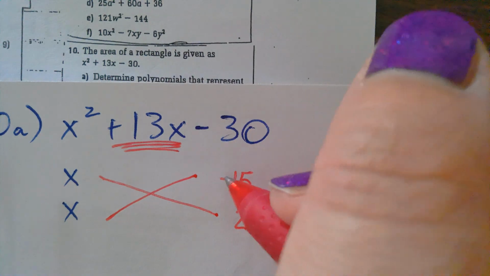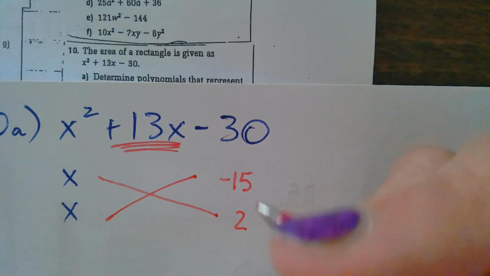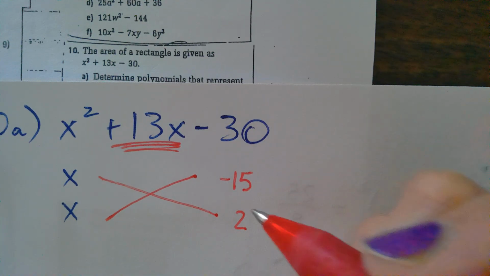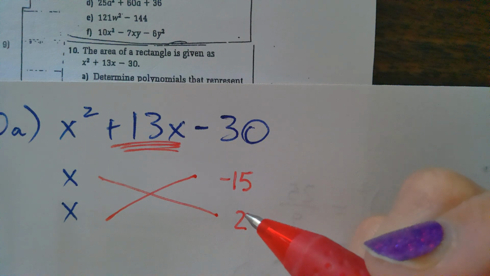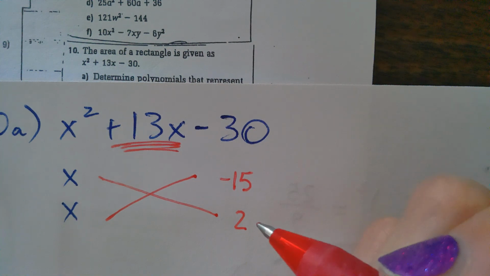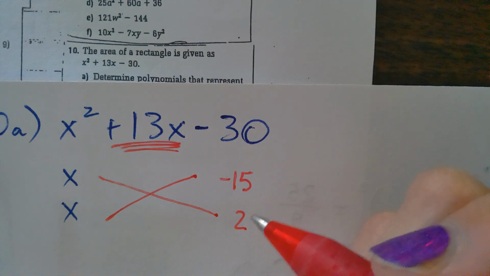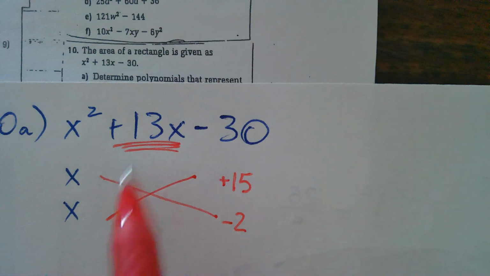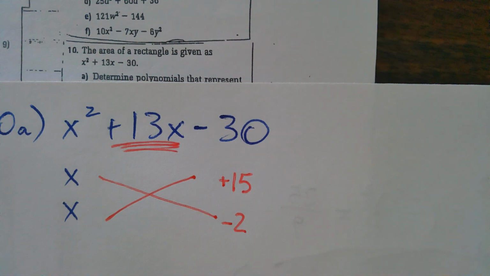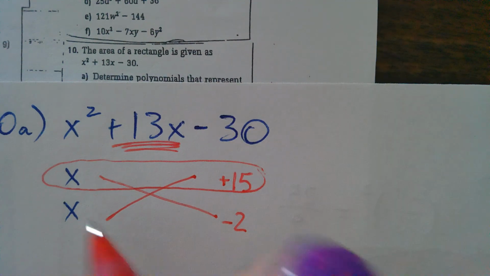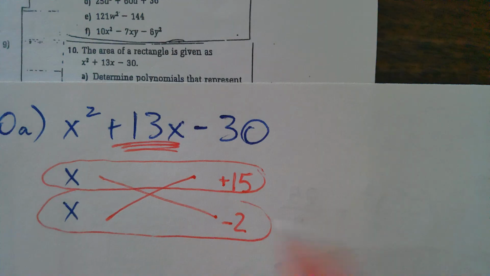No. So, Gavin, instead of negative 15 and 2, what should it be? Negative 2 and 15. So if we switch the sign, now do we get positive 13? Yes. So this is my first bracket. This is my second bracket.